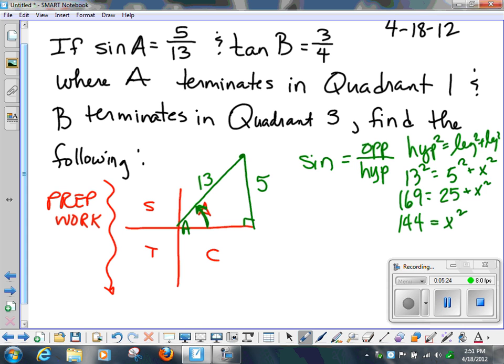You're going to take the square root of both sides, so we get x is 12. Do you remember that triple? 5, 12, 13. It's always the second one I teach. What's the first one? The easiest. 3, 4, 5. All right, 12 for that base, right?